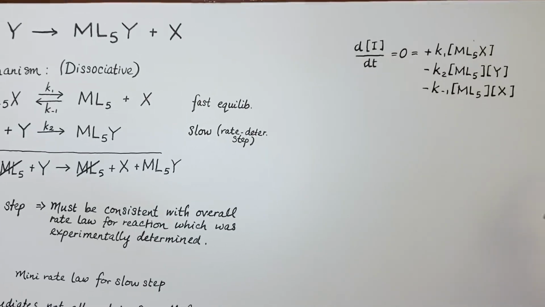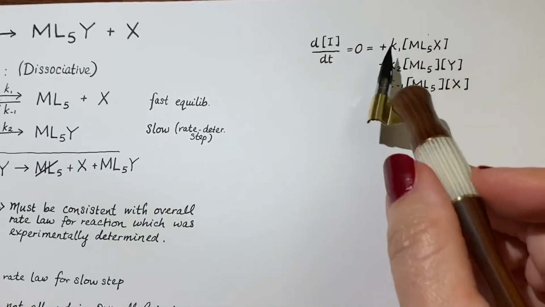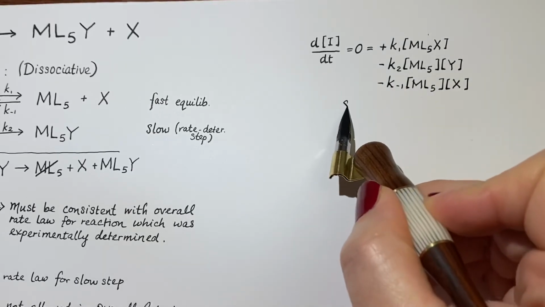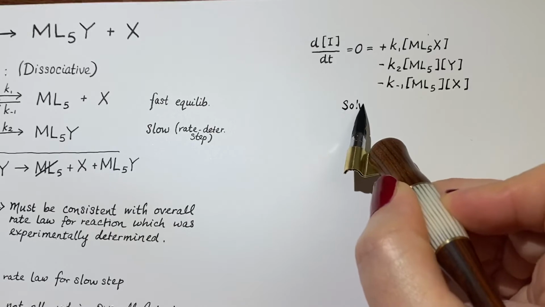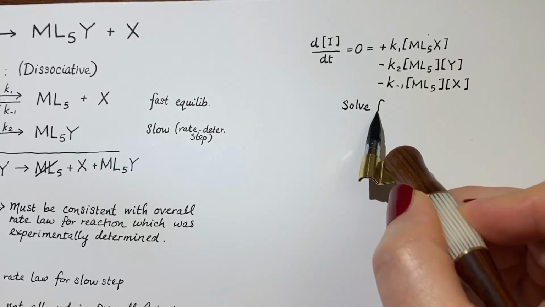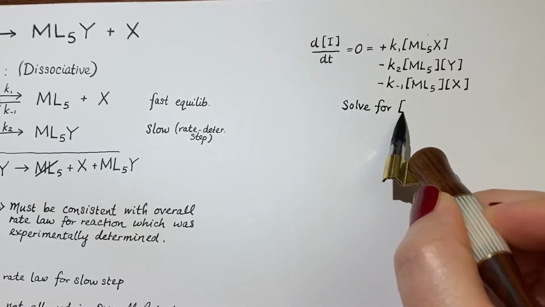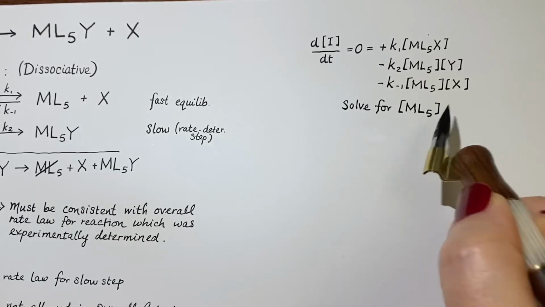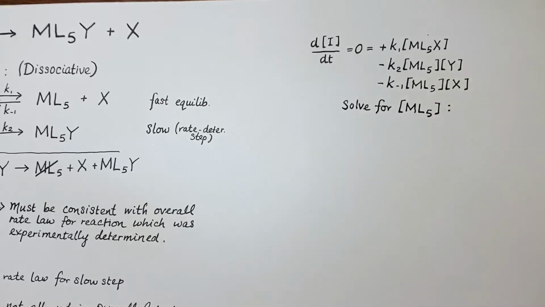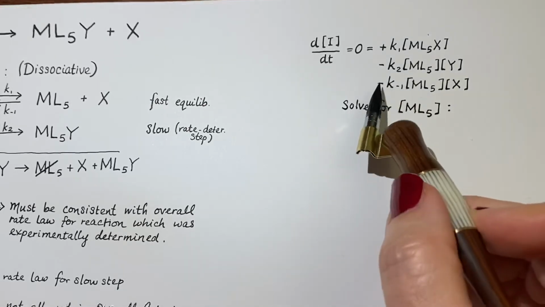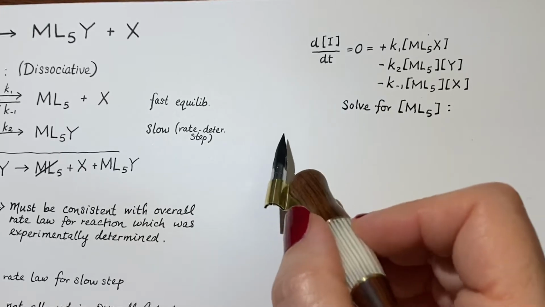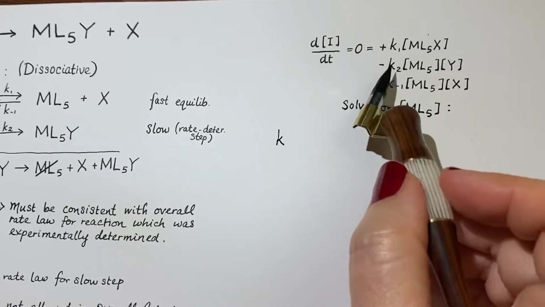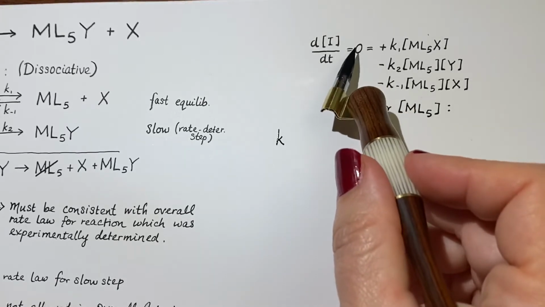So now what we can do, because we have essentially created an equation, is solve for the concentration of the intermediate. These are negative, so let's add these over to this side since it equals 0.